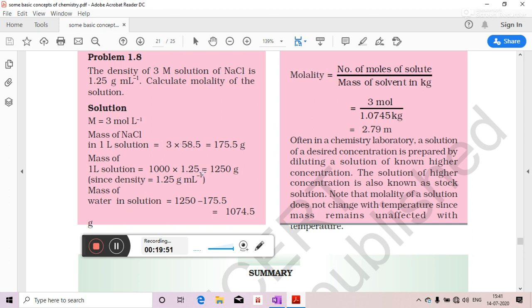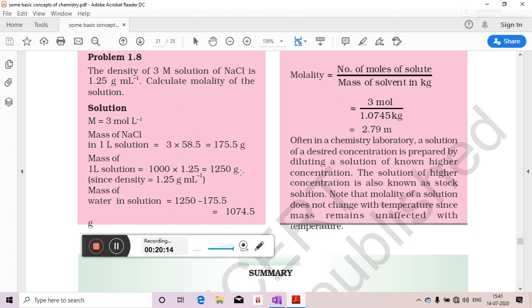So density is in gram per ml, that means we have to take volume in ml. Now here we can see that molarity is 3 mole per liter. Per liter means 1 liter, and in 1 liter what will be ml of the solution? 1000 ml. So 1000 into 1.25 will be equal to 1250 gram.